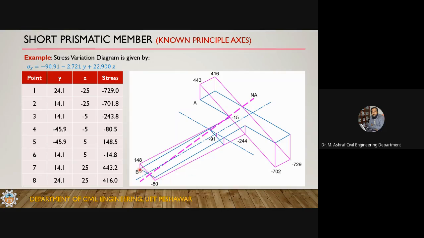Now when I calculated the stress at B, I got a positive value. When I calculate the stress at this point, which is point number 6, I got a negative value.